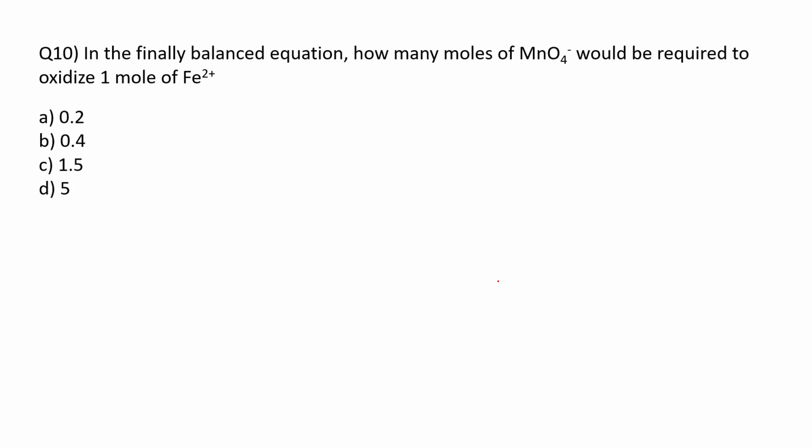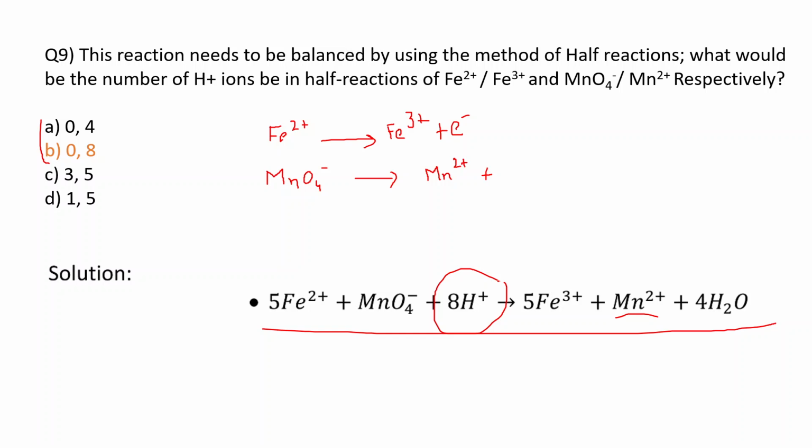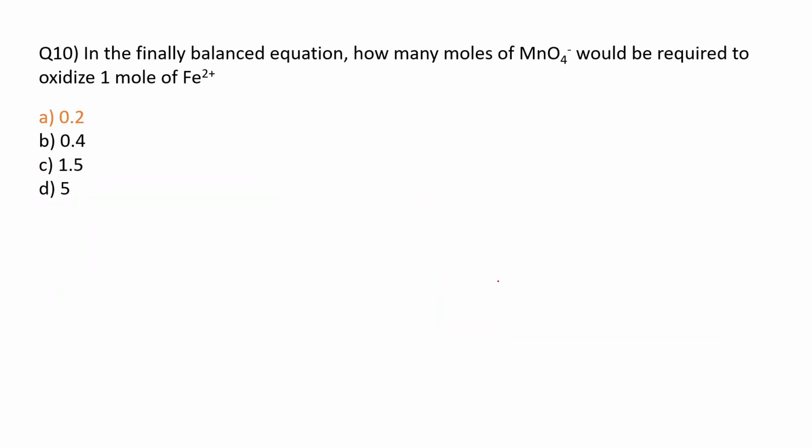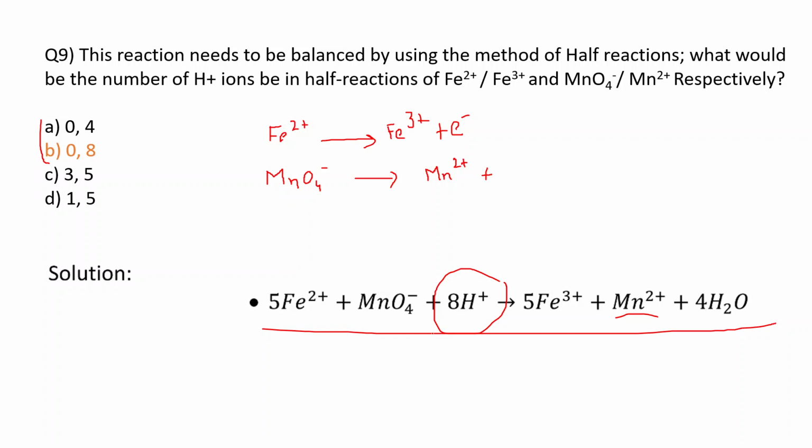Question number 10 is, in the finally balanced equation, how many moles of MnO4 negative would be required to oxidize 1 mole of Fe2+? This can be calculated from this equation only. So simply 0.2 will come. This can be easily calculated from the equation: to oxidize 5 moles of Fe2+, 1 mole of MnO4 negative is required.